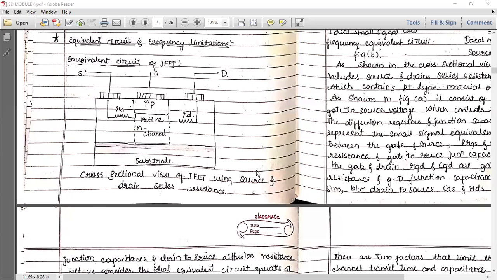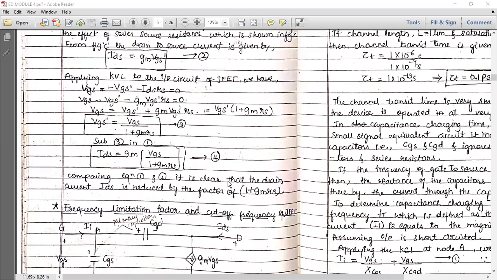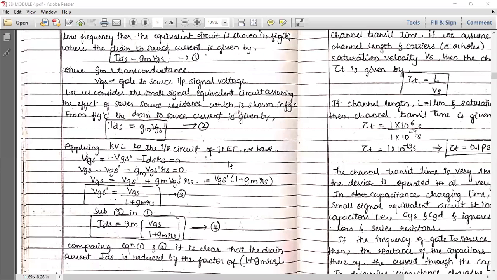Using this, we derived the expression for the drain current IDS, which equals GM into VGS divided by 1 plus GM into RS. From this it is clear that the drain current is reduced by a factor of 1 plus GM into RS. This is what we discussed in the equivalent circuit of JFET.